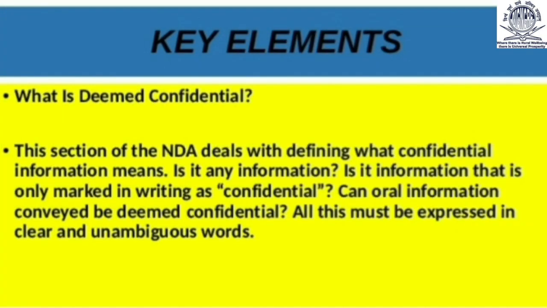What is deemed confidential? This section of the NDA deals with defining what confidential information means. Is it any information? Is it information that is only marked in writing as confidential? Can oral information conveyed be deemed confidential? All this must be expressed in clear and unambiguous words.